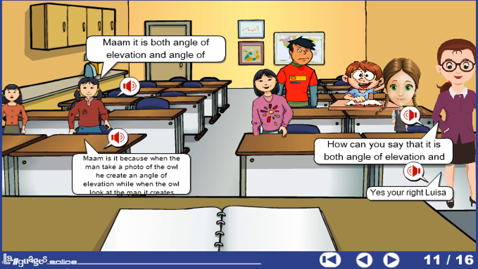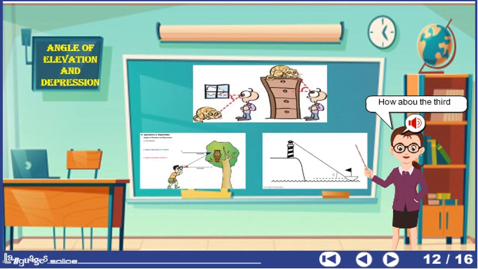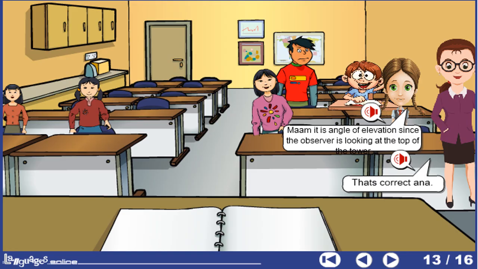Ma'am, that is because when the man takes a photo of the owl, he creates an angle of elevation, while when the owl looks at the man, it creates an angle of depression. Yes, you're right, Louisa. How about the third one? Ma'am, it is angle of elevation, since the observer is looking at the top of the tower. That's correct, Anna.